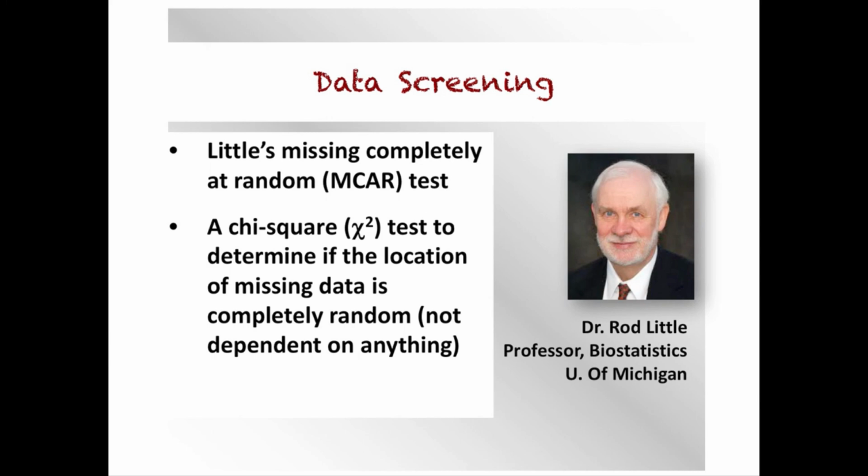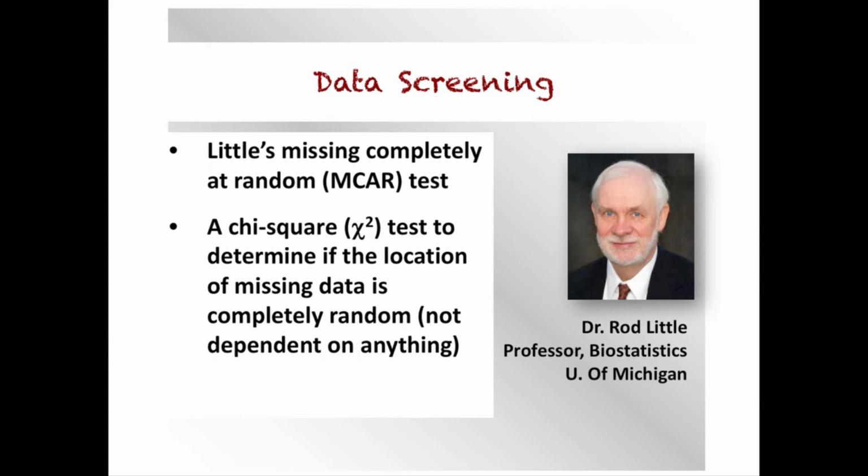Completely random just means not dependent on who you are or what variable it is in the data set. So for example, if only women in our data set have missing data for some reason, then the missingness is going to depend on the fact that they're a woman.